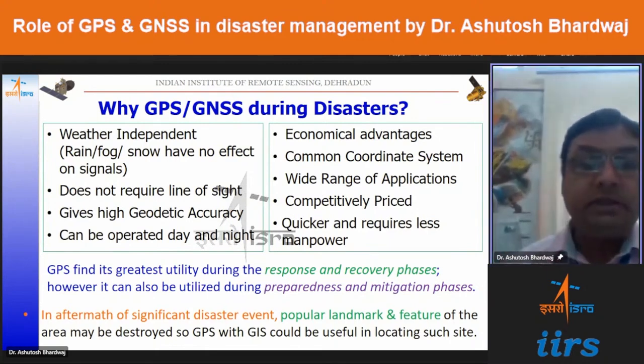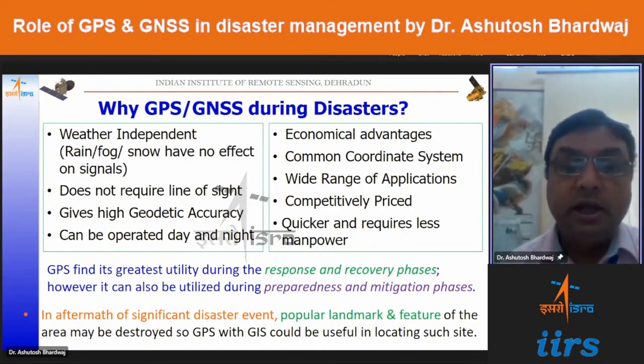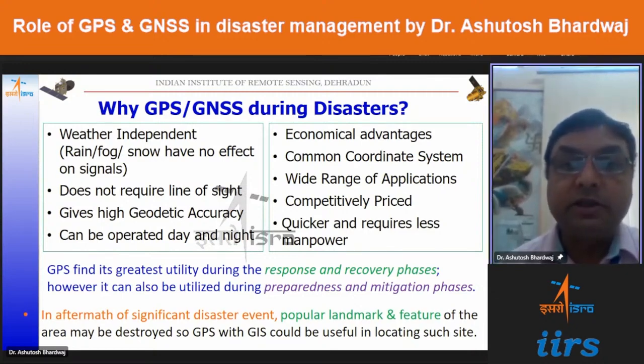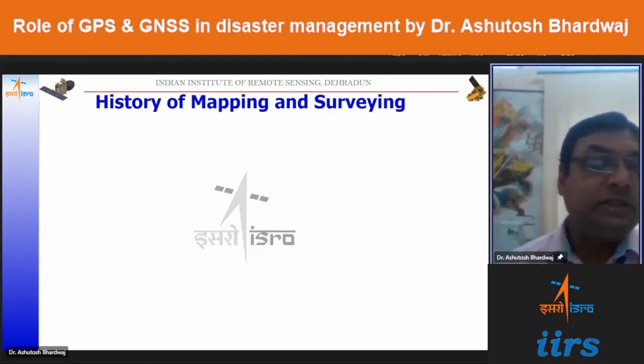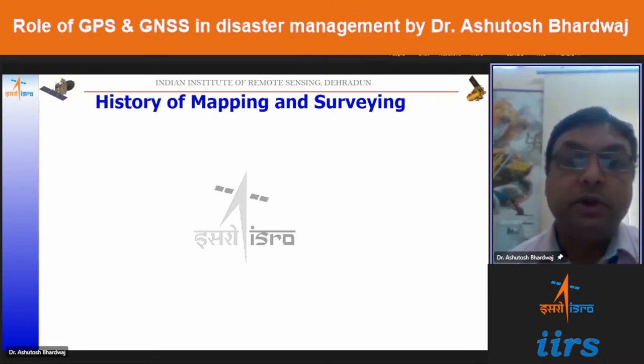So it is very clear now that GPS has great utility in the various stages of a disaster, and it helps us after the disaster also by taking us to a specific location. So that is the background with which I would like to start today's session.